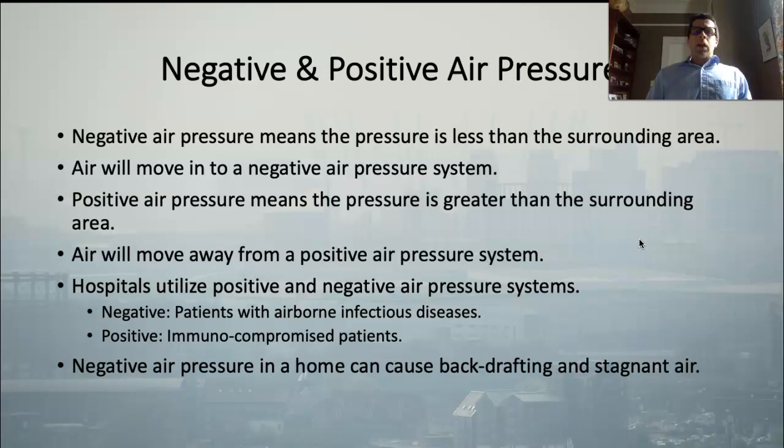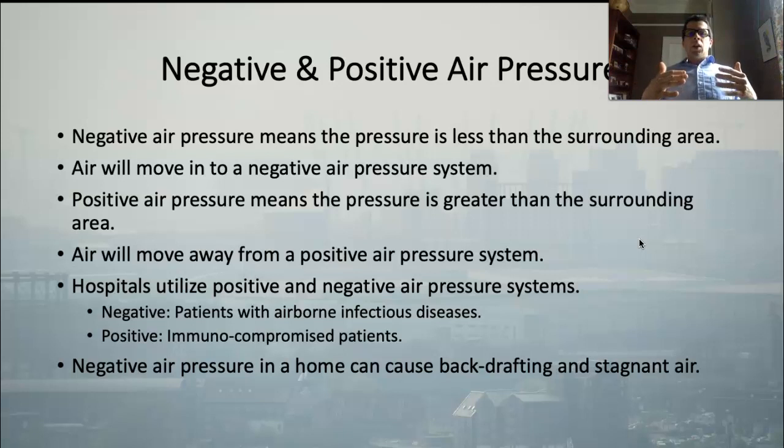But negative pressure, and let's just use this room that I'm sitting in as an example. If this were a negative air pressure room, it would mean that the pressure is less than the other rooms around it. Air is going to move into a negative air pressure system.